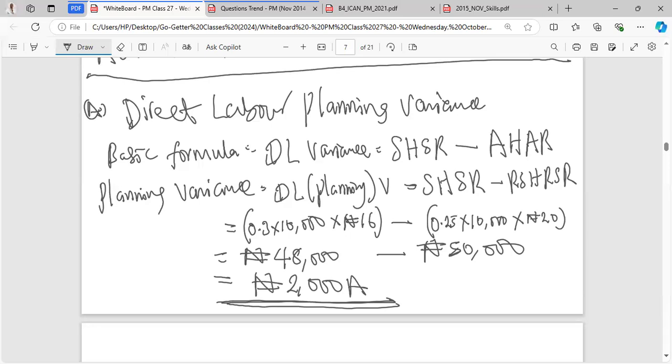All right. So you don't need to start dividing it into rate variance and efficiency variance. You are not going to use it to do anything. So it's just good to know the total planning variance.